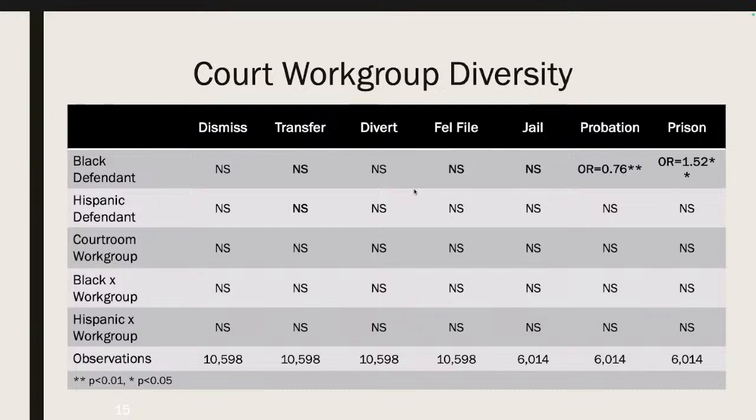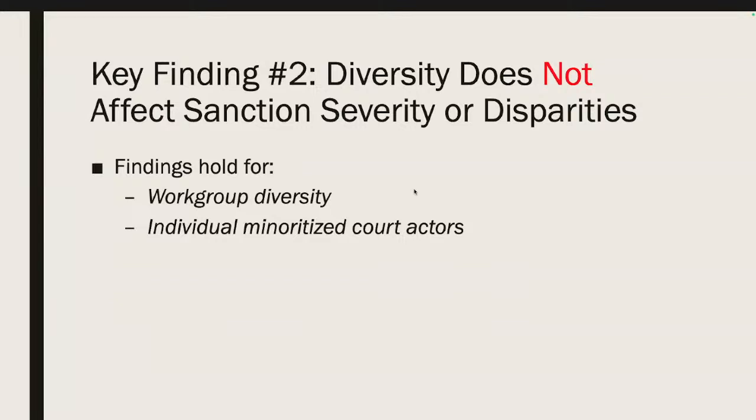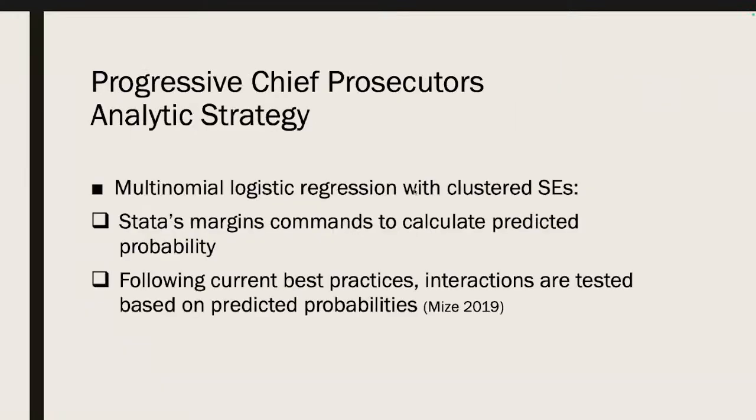So work group diversity doesn't matter for this sample of cases. So I'm moving on for time considerations here. I'll be happy to answer more questions about that first set of results.